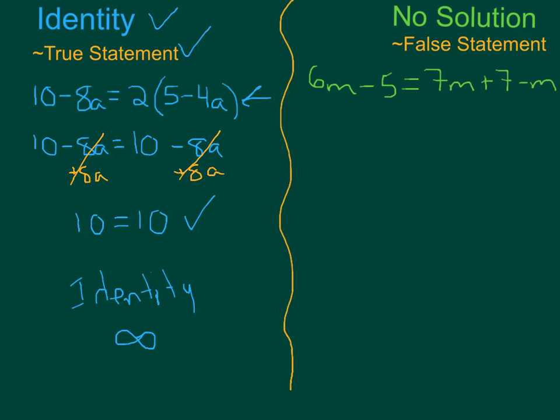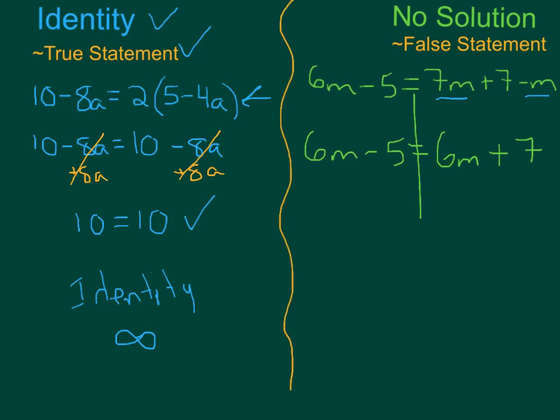So now let's look at the right equation and solve this like we normally would. Nothing to distribute, but we do have like terms to combine, 7m minus m. So 6m minus 5 equals, if we combine like terms, we get 6m on the right side, and then plus 7.